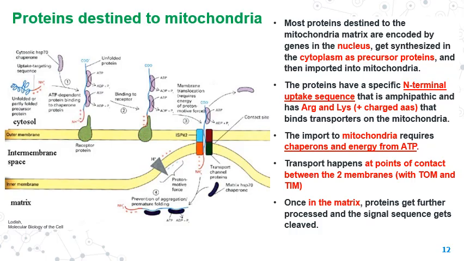So here is the first example of import of proteins, and this has to do with import of proteins that go to the mitochondria. When you look at the mitochondria, remember that your mitochondrion, so let's draw mitochondria, has two membranes, the membrane system, there you go, right?